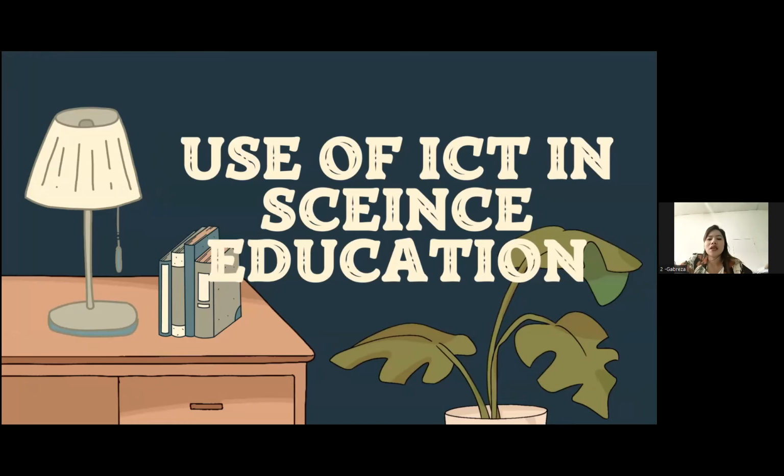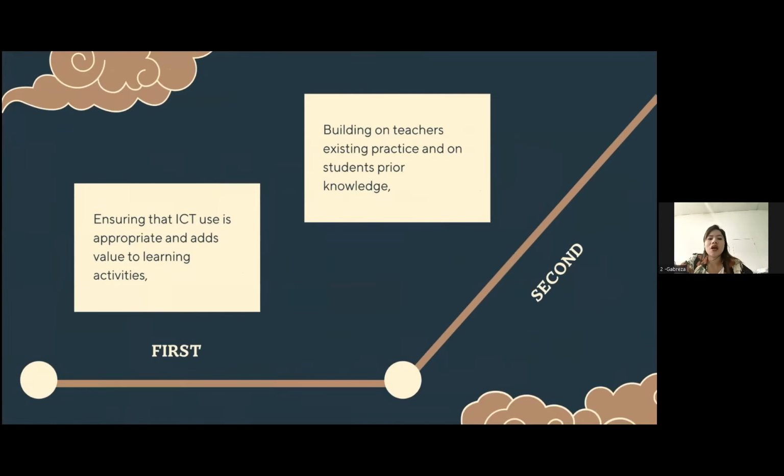Use of ICT in science education. First, ensuring that ICT use is appropriate and adds value to learning activities. When we teachers are creating our activity, we need to ensure that it is related to the task.